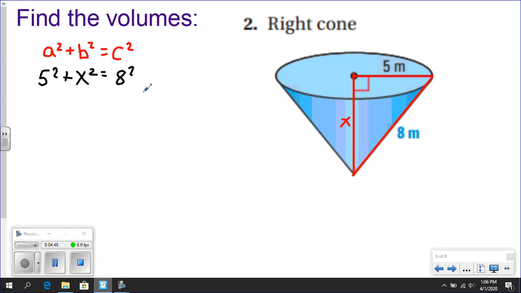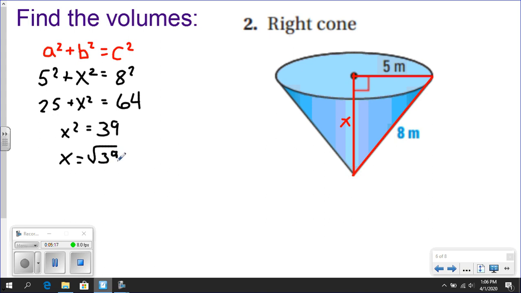Now we can easily solve for x. 5 squared is 25, so x squared plus 25 is equal to 64. x squared is equal to 39. Now 39 is not a perfect square, so we're going to get some crazy answer. Instead, I'm just going to keep x is equal to the square root of 39. That way I have more of an exact answer.